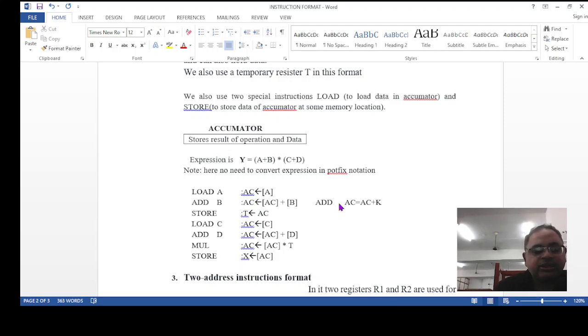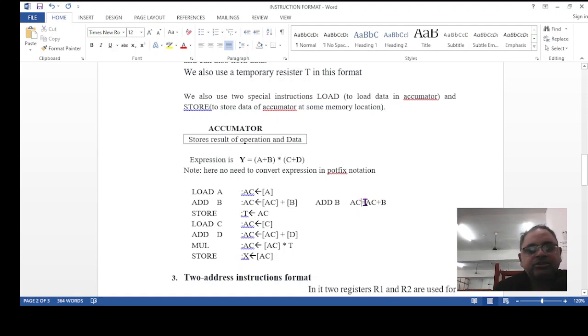So what is the meaning of add B here? Why have we written add B? What will add B do? Add B means AC equals AC plus B, meaning the content of the accumulator will be added with the content of B, and the result will be stored in AC.